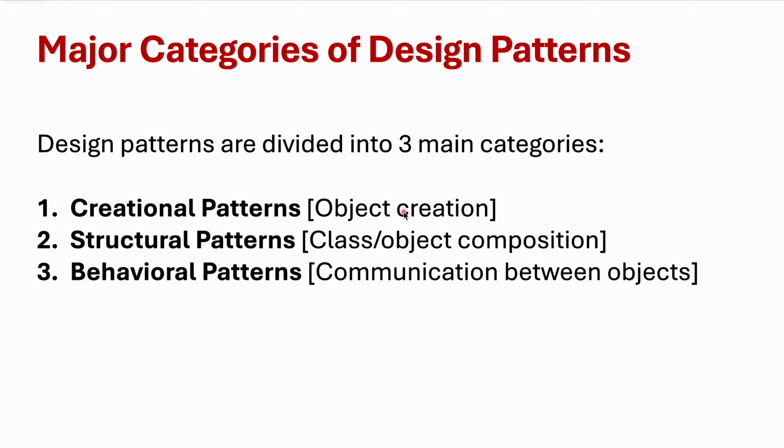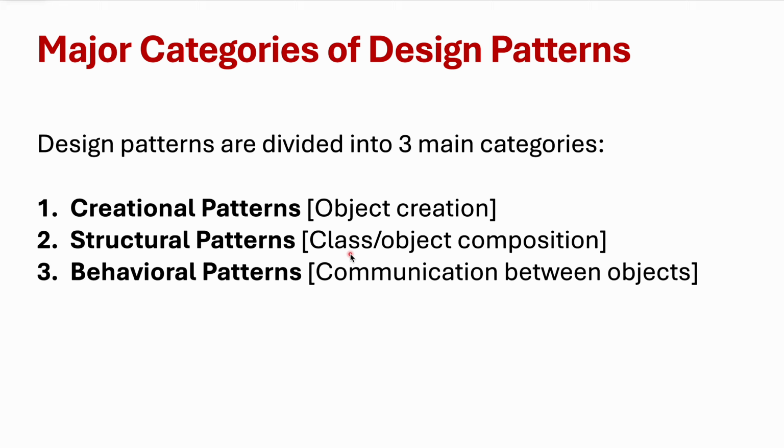Based on these parameters and factors, the design patterns are categorized into three main categories. Creational, as the name suggests, is related to object creation. Structural patterns deal with how the object or class composition is going to be. A class is the blueprint, right?